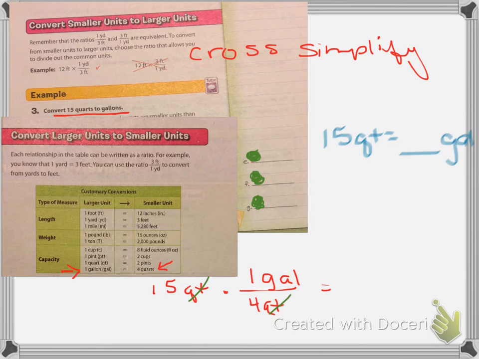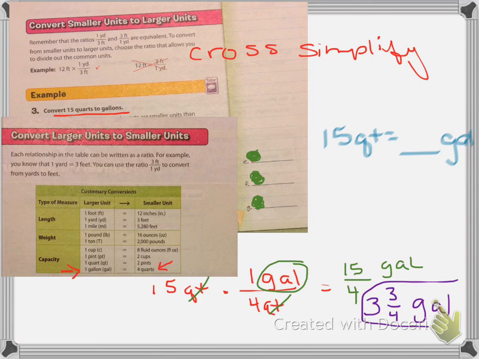So now we've got 15 times 1 equals 15 on the top, and we've got nothing on the bottom, times 4 gives you 4. Your only unit of measurement left is going to be gallons, and then we're going to have to change this 15 over 4. So let's think about how we can change that. 4 times 3 is 12, so we've got 12 there. 13, 14, 15, so that leaves us with 3 left over, fourths of a gallon.